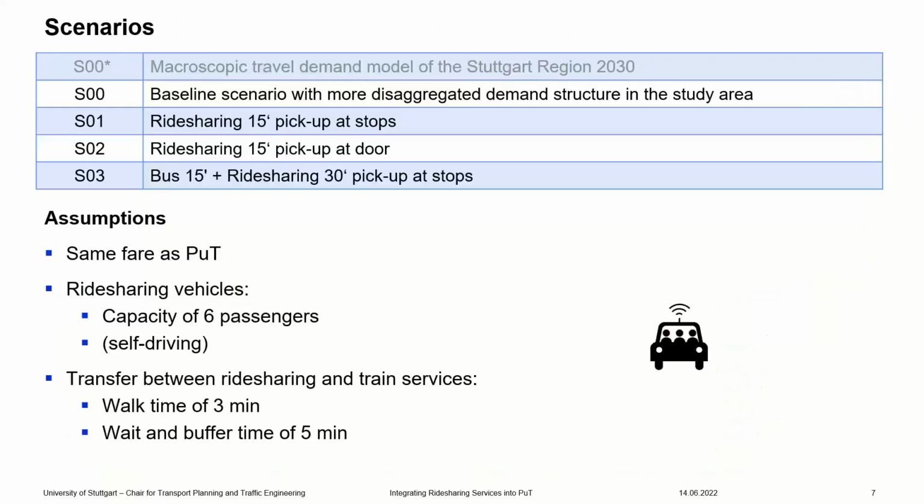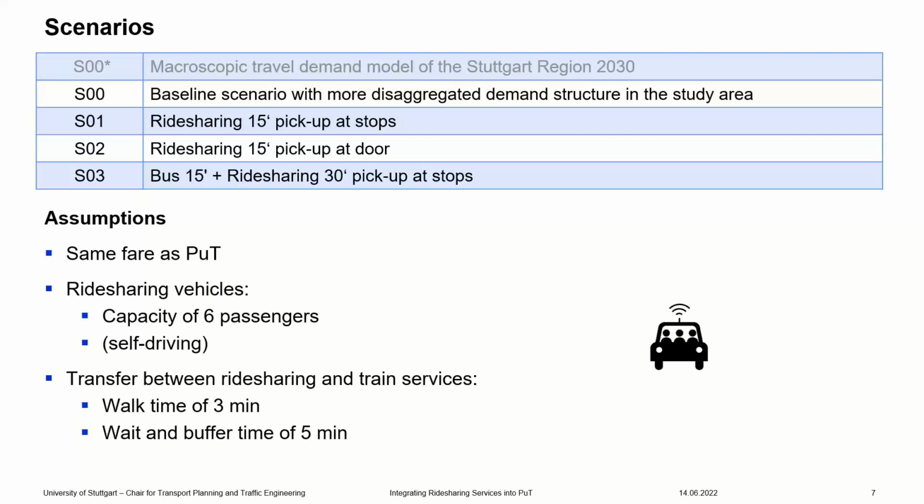So here is what we calculated in our scenarios. First, the baseline, I say, was the macroscopic travel demand model of the Stuttgart region for the year 2030, as I already told you. And on top of that, we created a new baseline scenario, which is the same, but has a more disaggregated demand structure in the study area.